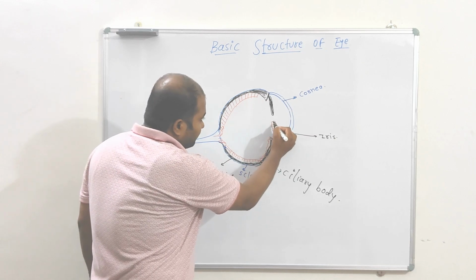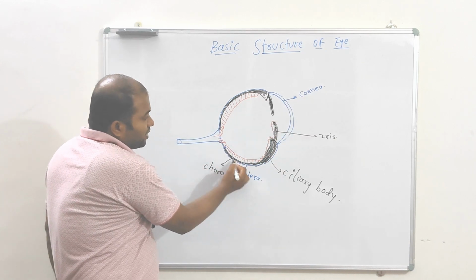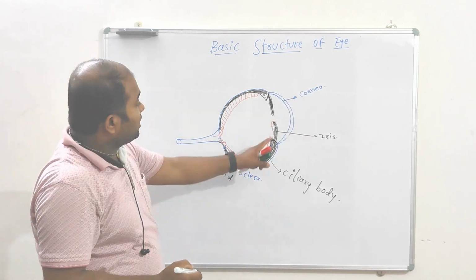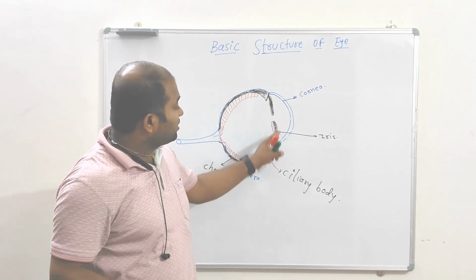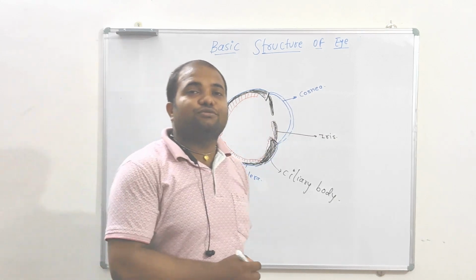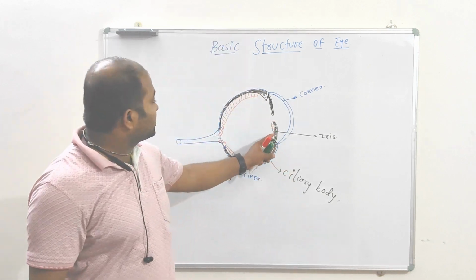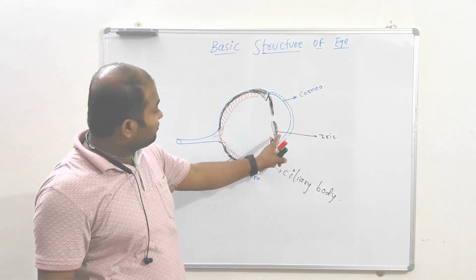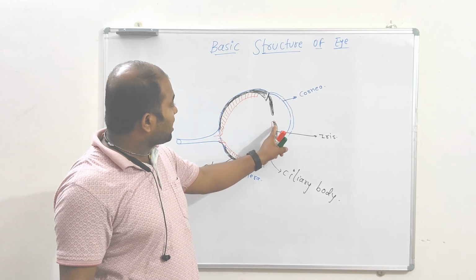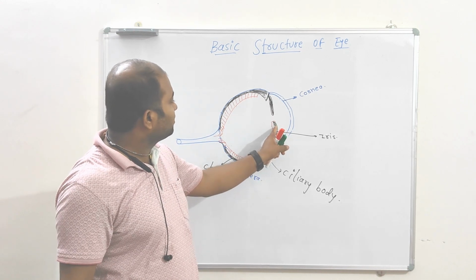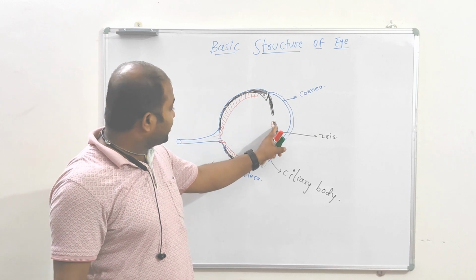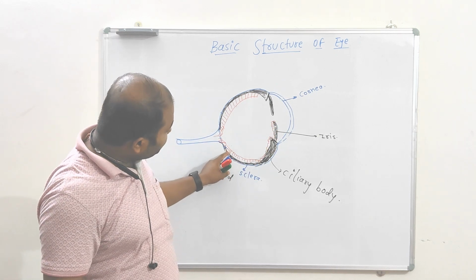Together, the iris, ciliary body and choroid are called the vascular coat, and another name given for these three structures together is uveal tract. The name is given as a tract because when any of these structures is infected, the infection can move from anterior to posterior or from posterior to anterior.